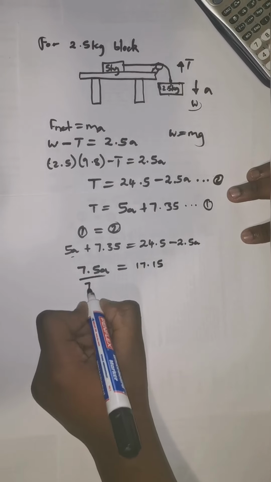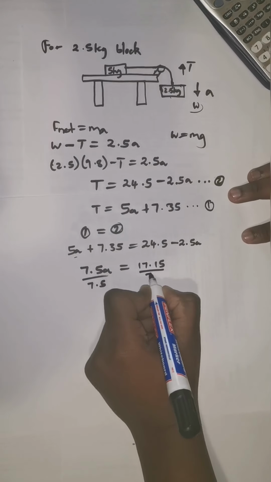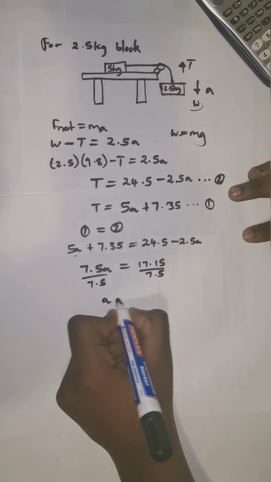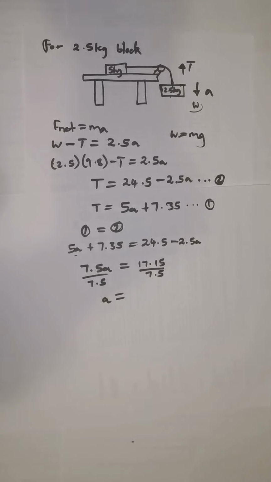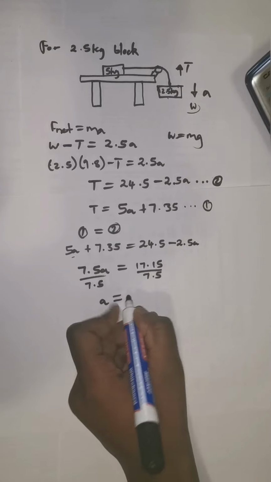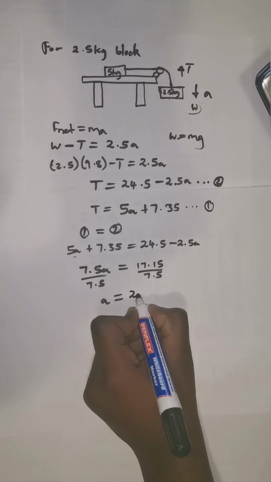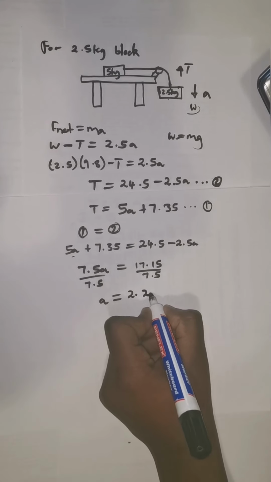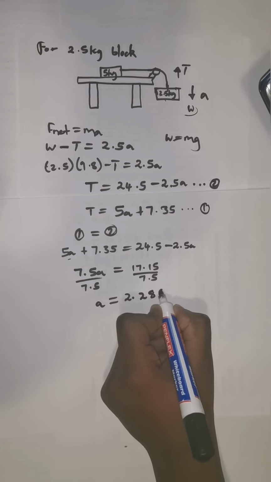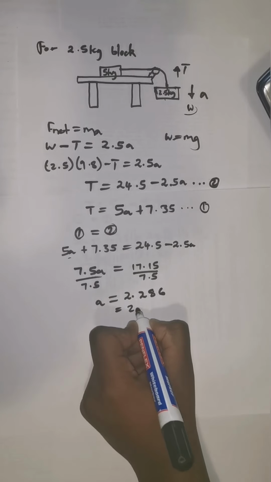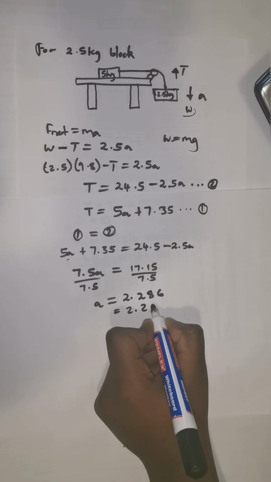Then you simply divide by 7.5, and you'll find out that your acceleration is 2.286. You can round this off to 2 decimal places.